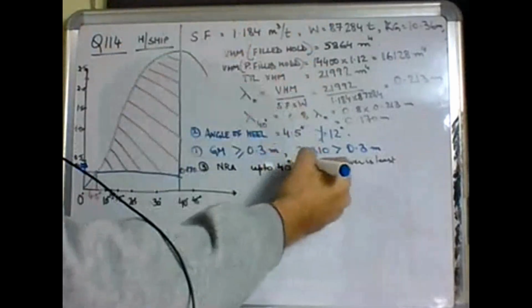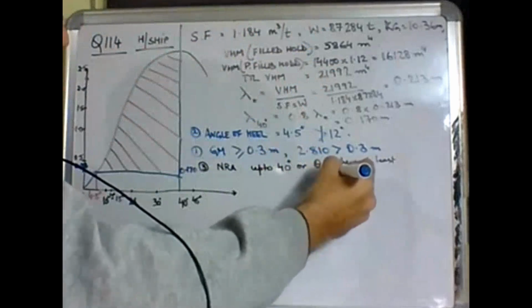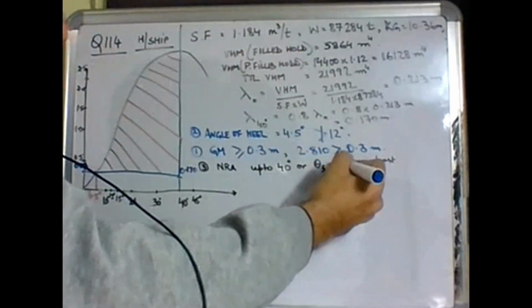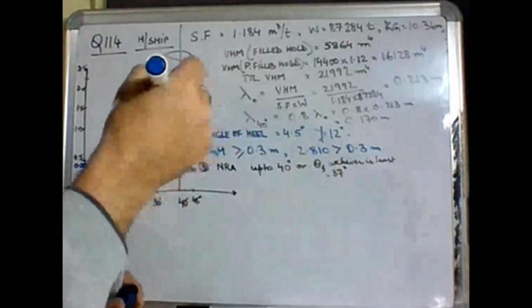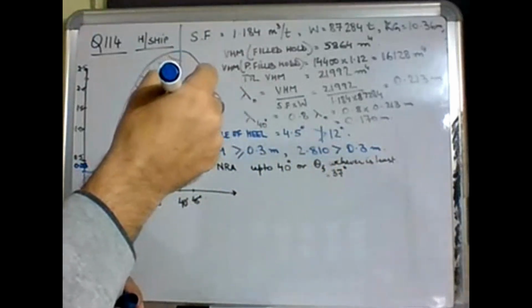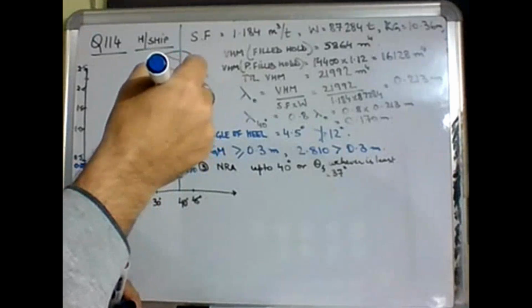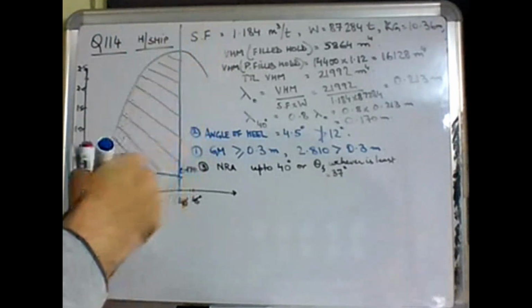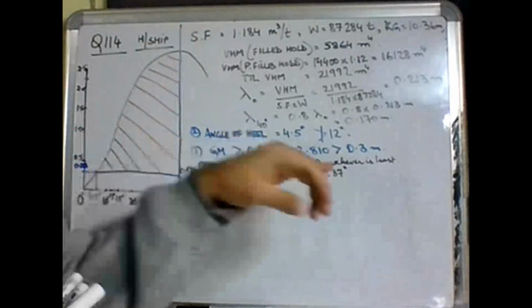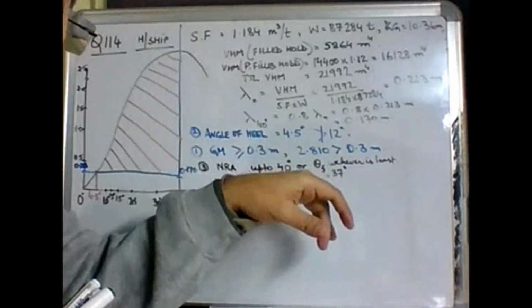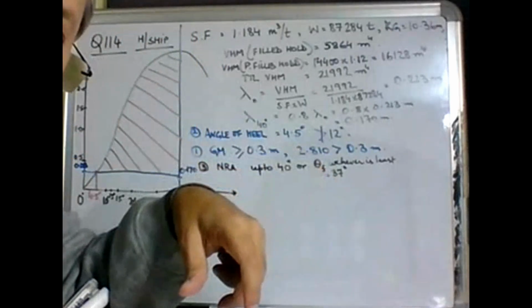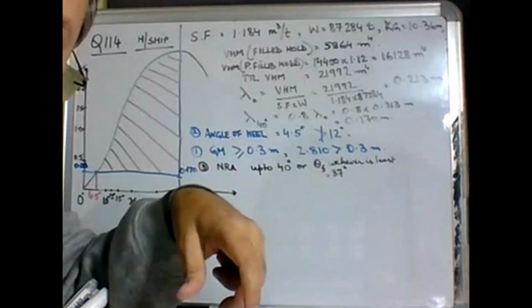That means 37 degrees or 40 degrees, whichever is least. कौन सा लीस्ट है भाई 40 और 37 में? 37. अगर मैं किसी एक और क्वेश्चन में आपको एंगल ऑफ फ्लडिंग 42 डिग्रीज दे दूं, सर 40 ले लेंगे.